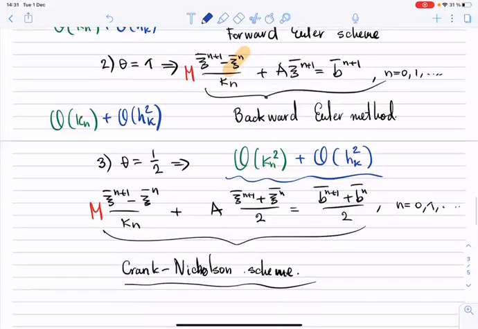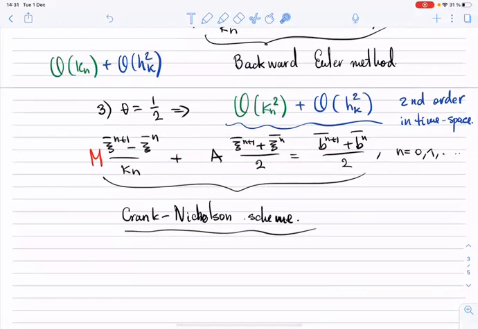So that is second order in time and space. So in the project, you are going to implement the second order Crank-Nicolson scheme. So hopefully you will get some high accuracy in time and also in space.